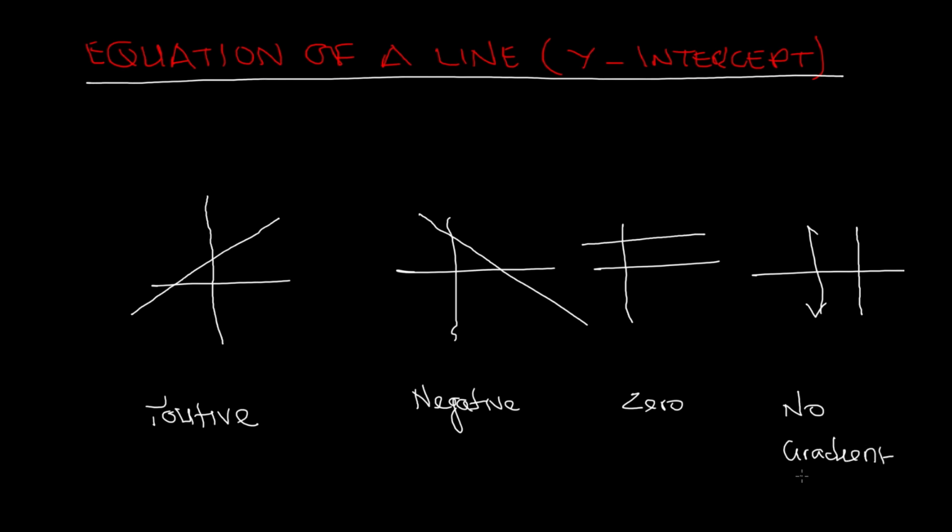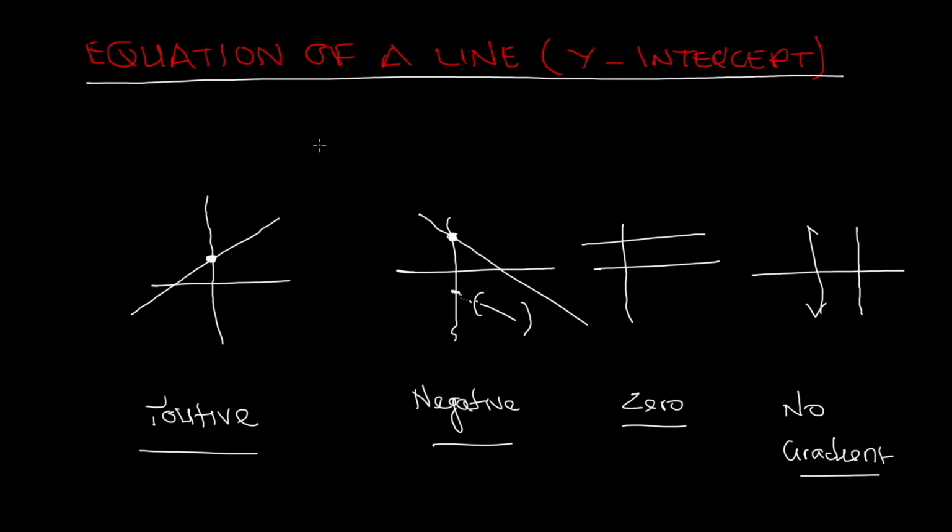I'm talking about this because it's very important to understand that for any line that has a gradient, the line at some point is going to have an intercept if you continue to draw it. Even if it was a small line like this, I can actually extend this and get what it means here. Then I should be able to work out the equation of this.